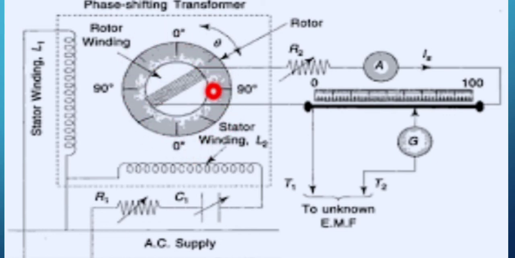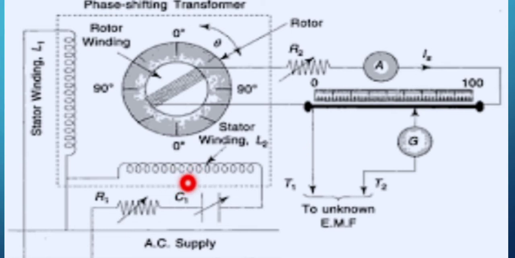The rotor is a moving rotor placed in between two stator windings, and these two stator windings operate in quadrature, that is, they maintain a voltage difference of about 90 degrees.